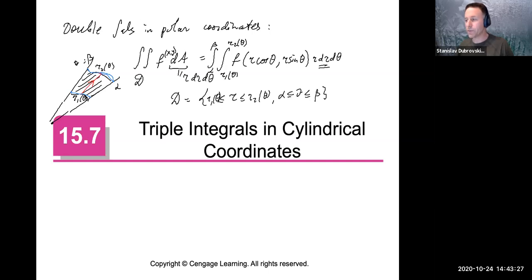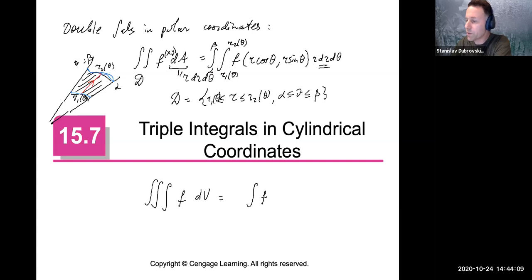So cylindrical coordinates are special coordinates in 3D which allow us to take integrals over solids which have rotational symmetry around an axis. And typically that would be the z-axis. In other words, you will see how such a triple integral of dV would be written as an integral with respect to z first.